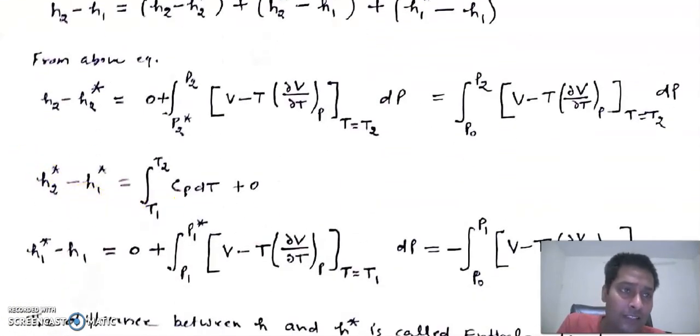So H2 minus H1 star will be equal to the first integration plus the second integration, which is 0. Similarly for the third path, H1 star minus H1.